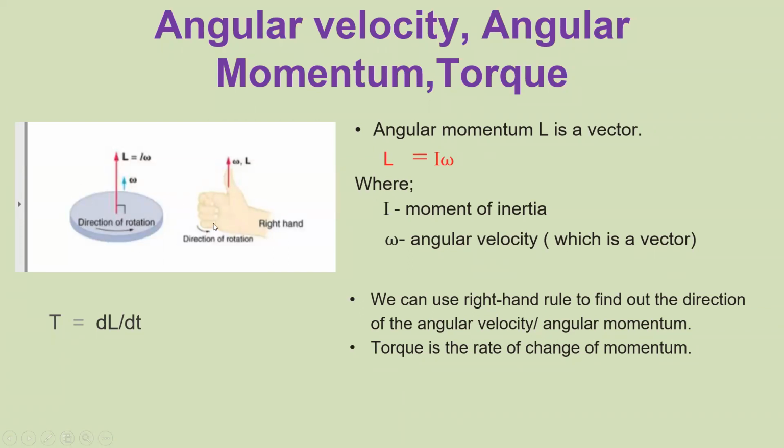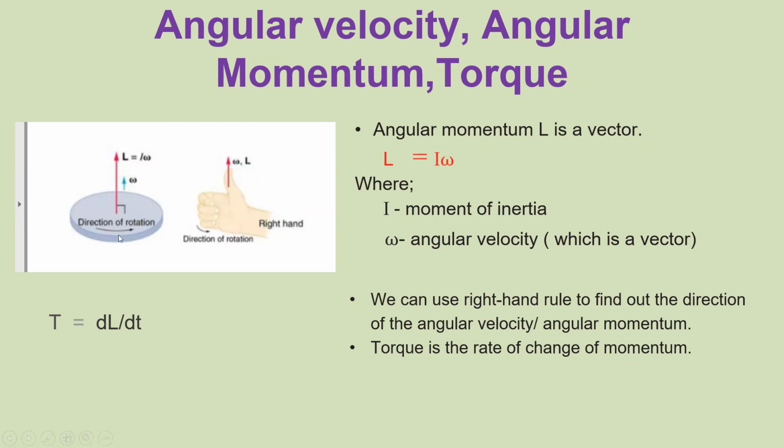So this right-hand rule is also useful in magnetism and electromagnetic theories, and in this case also it is useful. So what is torque? In a closed system, angular momentum is conserved. The principle of conservation of angular momentum states that in a rotating object, if an external force is not applied on the rotating object, its angular momentum will be conserved.